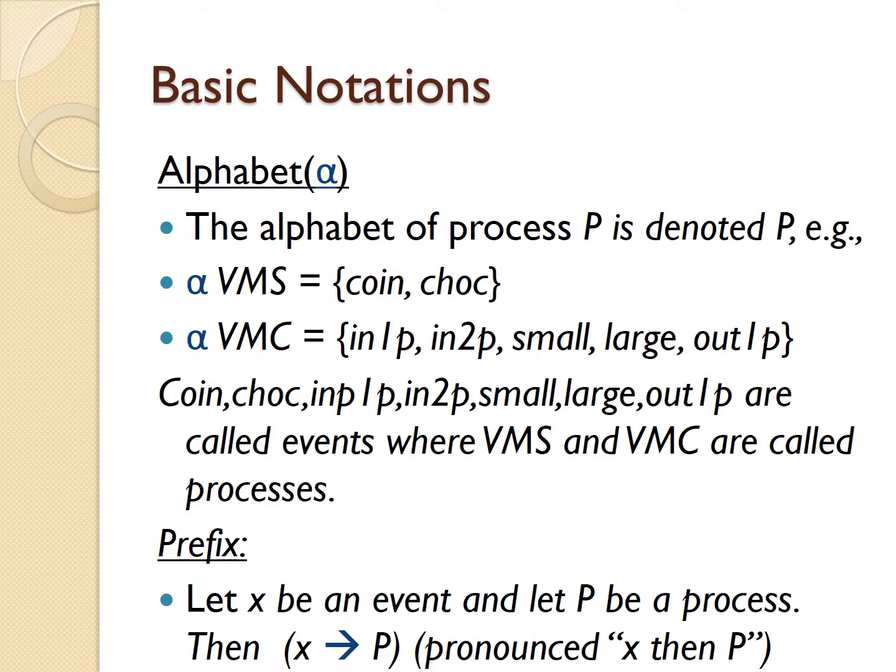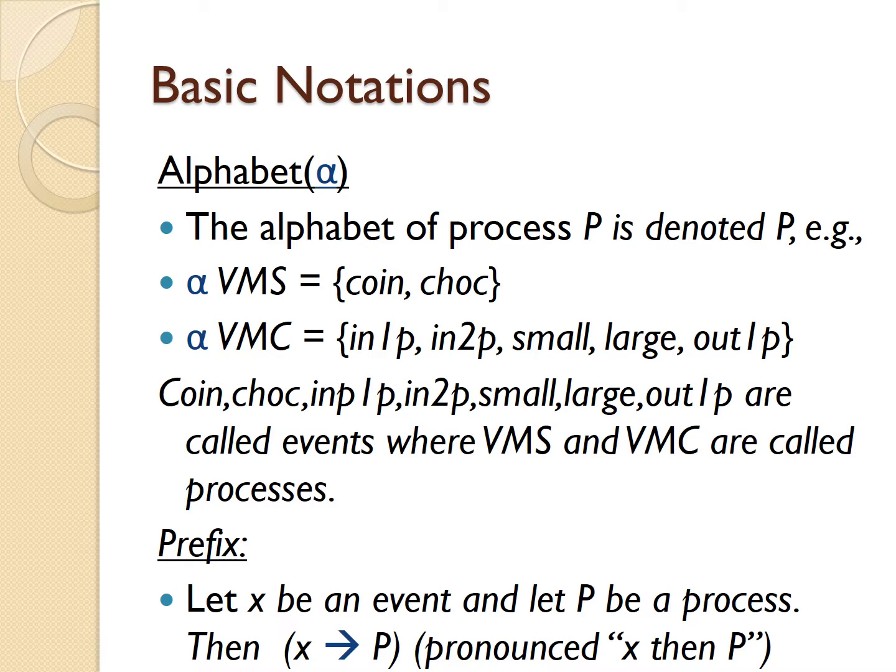The events here, coin, chocolate, in1p, in2p, small, large, out1p, are called events, where VMS and VMC are the simple vending machine and complex vending machine respectively, which are called processes. So it is denoted by alpha. Basically, alpha of a process is equal to its events. So this is the basic notation, alphabet.